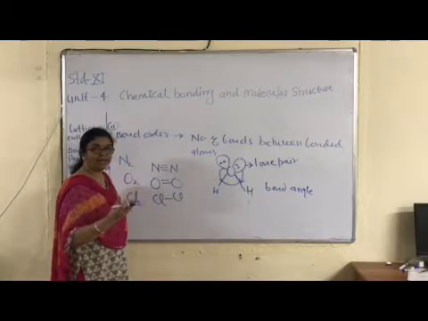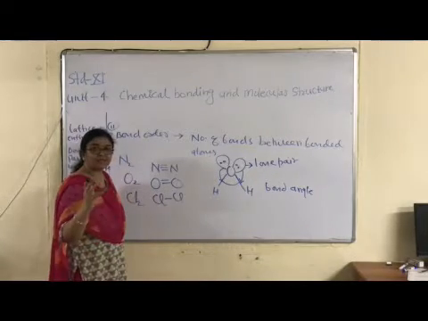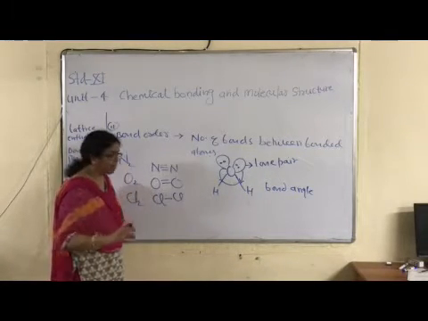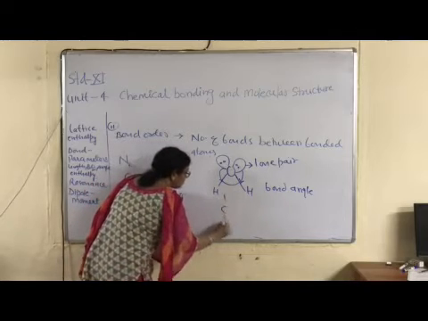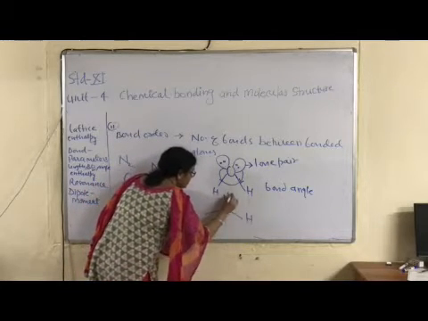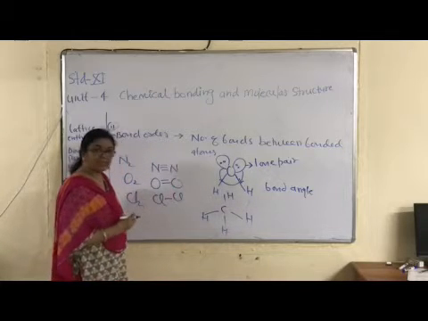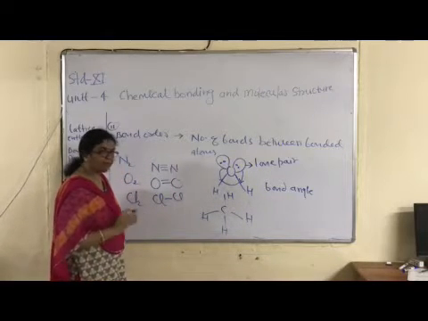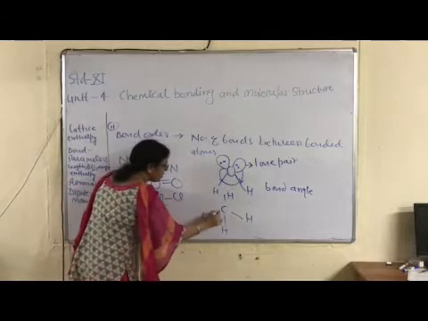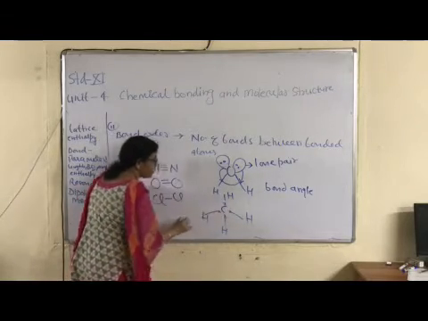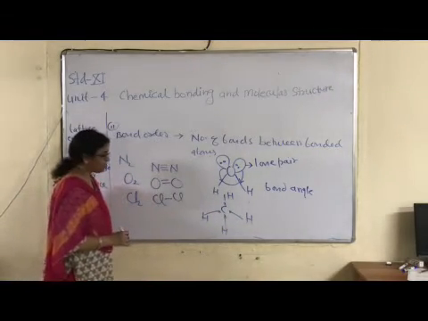The value of bond angle depends upon it. In case of CH4, only bonded electrons are present. CH4, right? How many valence electrons are present around the carbon atom? 4, and all 4 electrons are forming chemical bonds. Okay, children?